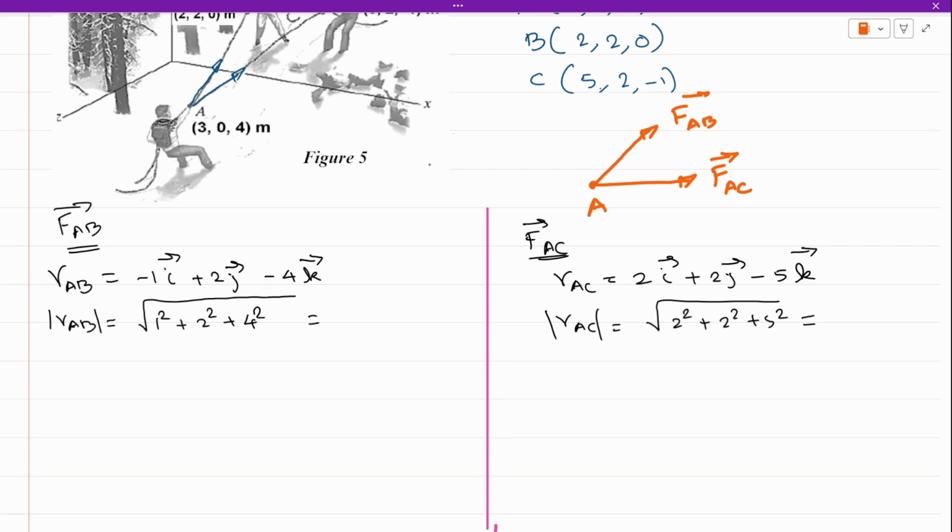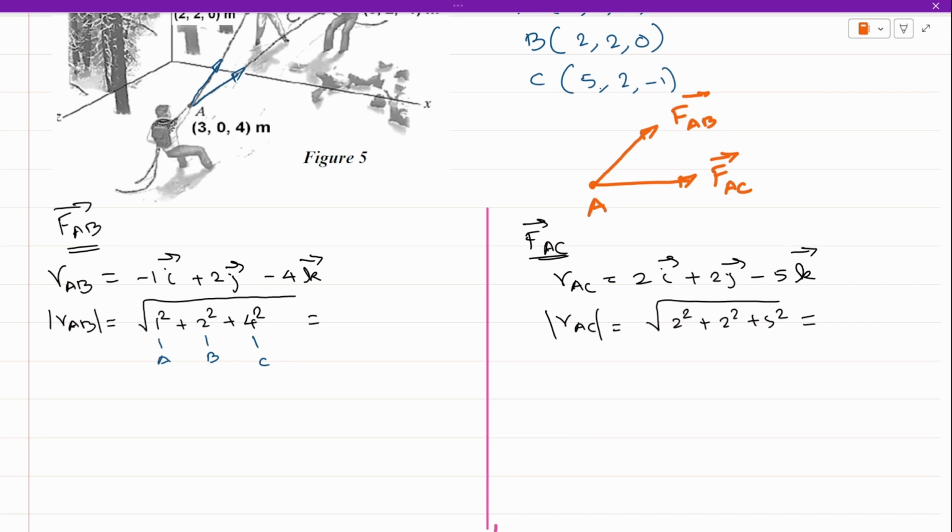To do this, we will use a shortcut in the calculator. I am going to consider this as a variable A, this as B, and this as C. Only the input of these values changes and we solve it.